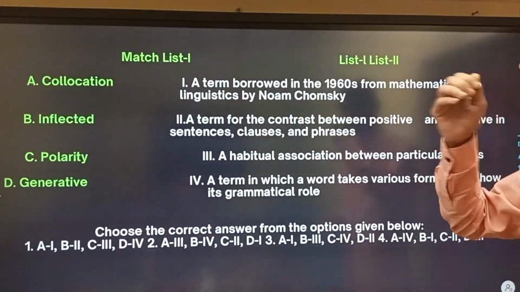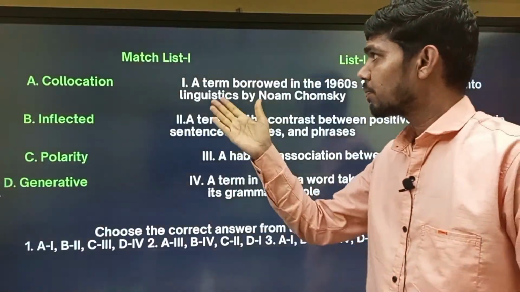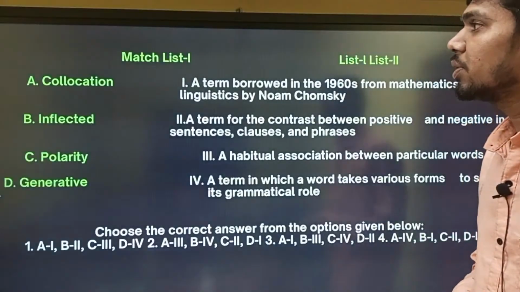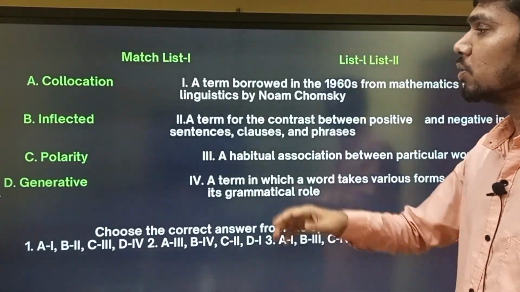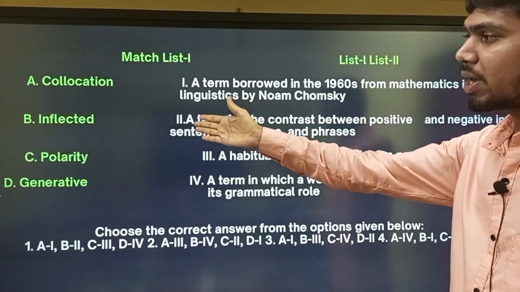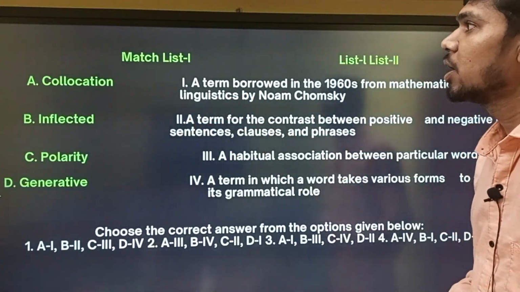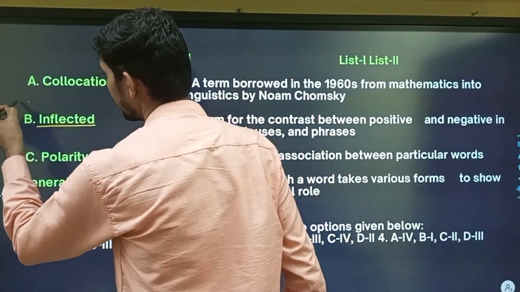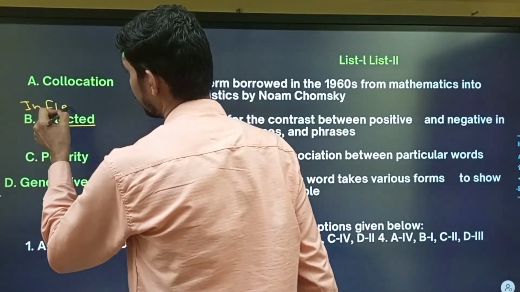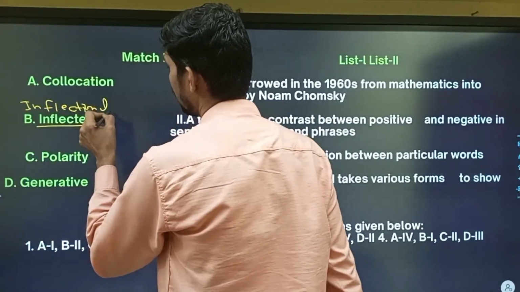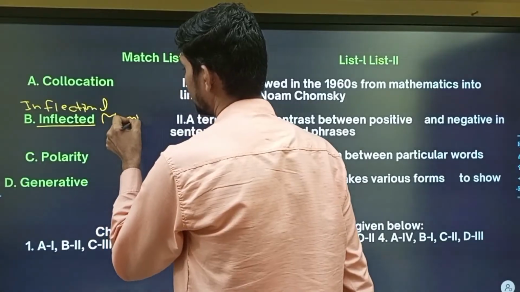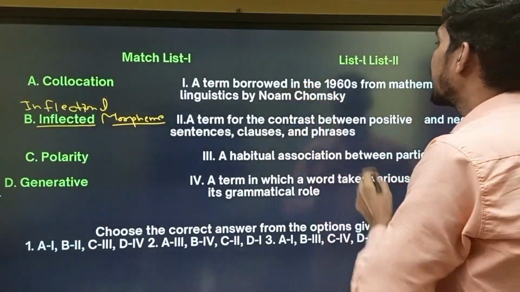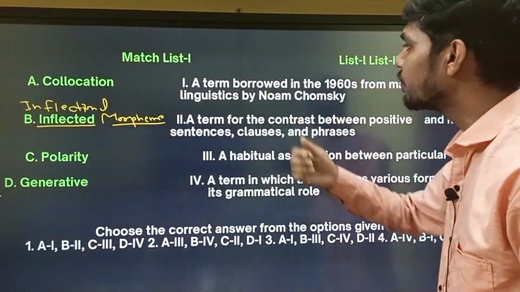So it's time to discuss the question that recently came in our NET examination, UGC NET English Literature 2025 in June, right? This is the reason why we discussed morphology. Okay, a term borrowed in the 1960s from mathematics into linguistics by Noam Chomsky.